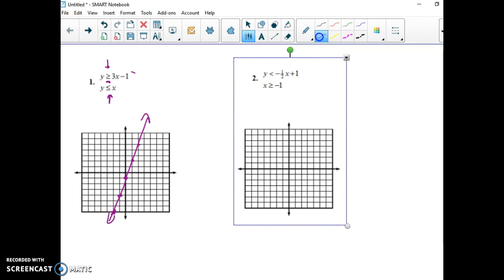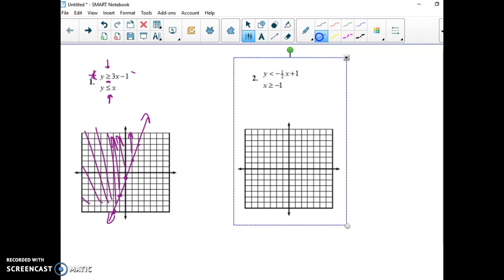However, it's not just having solutions when y is equal to 3x minus 1, but also when y is greater than 3x minus 1. And in this direction are where all of the y's are greater than. We can go ahead and shade that, which represents all of the solutions to this inequality. Now, you can choose any point on here.